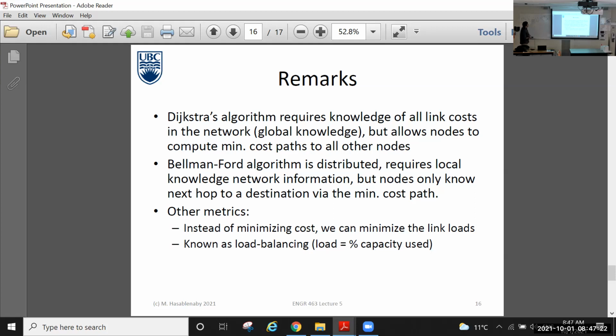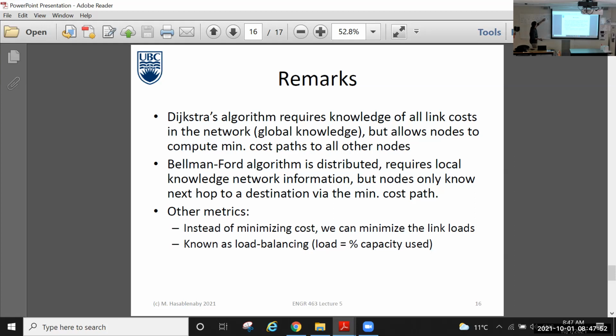Who are the neighbors of 2? We have 1, 3, and 4. 1 is already visited, so it will be the same. 3 is already visited, so it will be the same. We will check 4. For 4 to reach 1 through node 2, what is the cost?